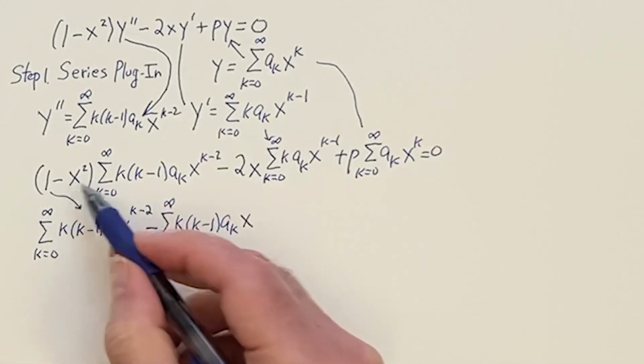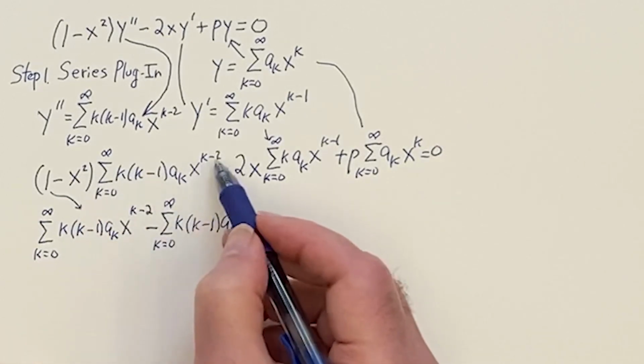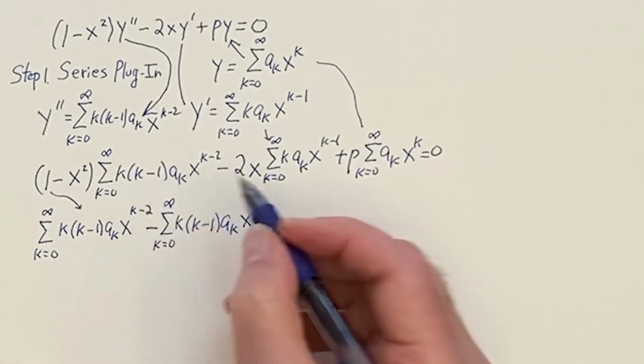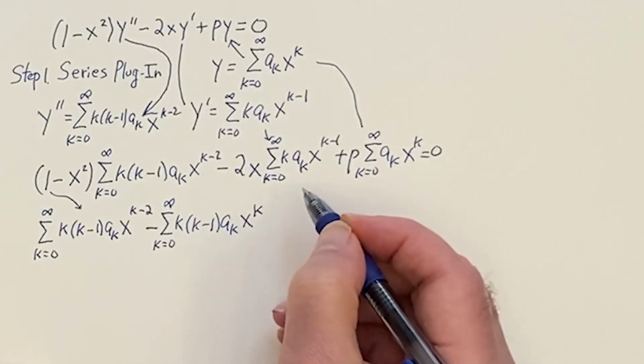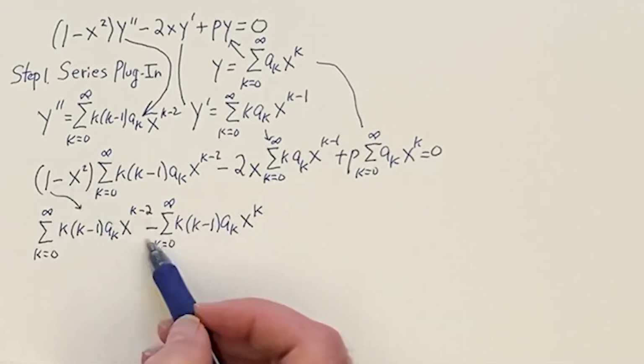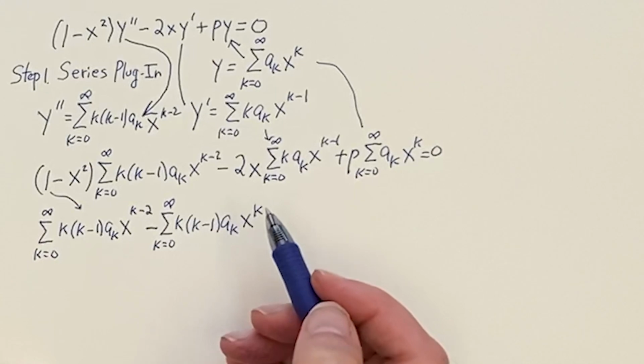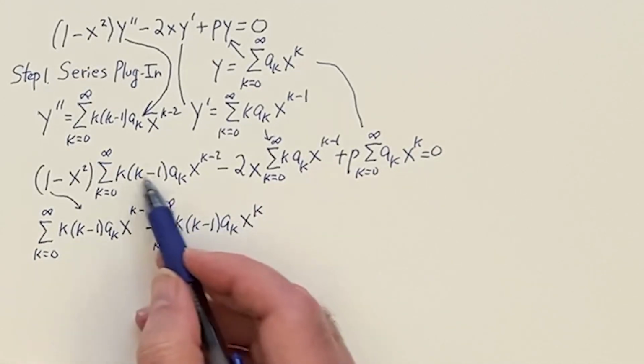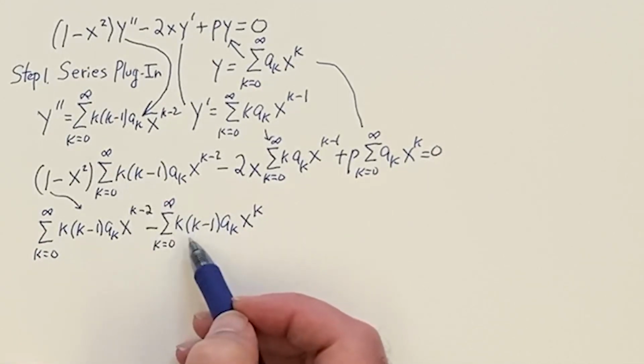Now if I take the x squared inside, that x squared and that minus 2, that's going to cancel. I'm going to get x to the k. The minus sign is there, a k is there, the k coefficients are there in the front.